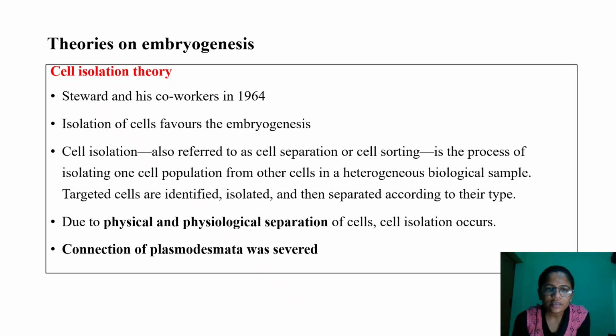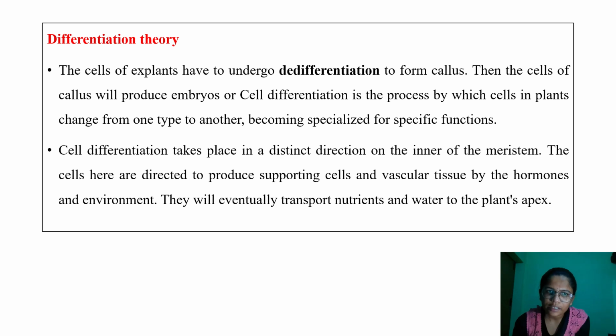It refers to cell separation or cell sorting. This process helps in isolating cells from a heterogeneous sample, so that targeted cells can be identified and separated using physical and physiological parameters. We can also connect this with plasmodesmata.